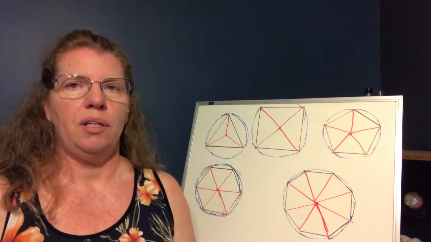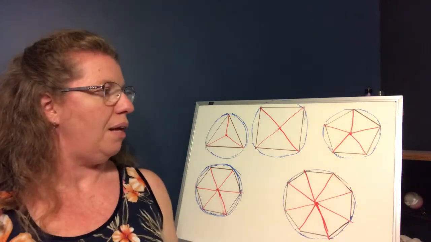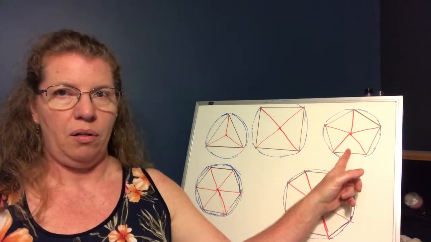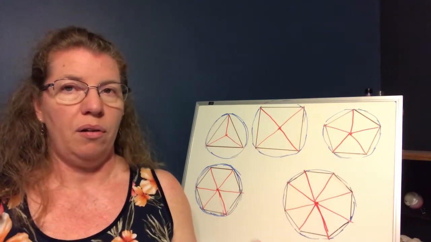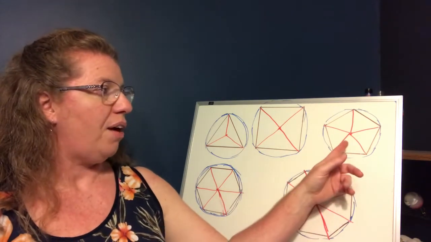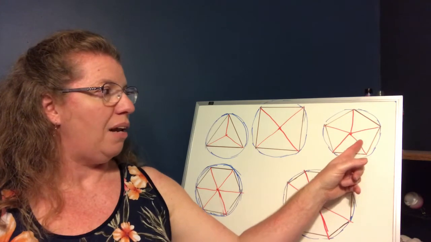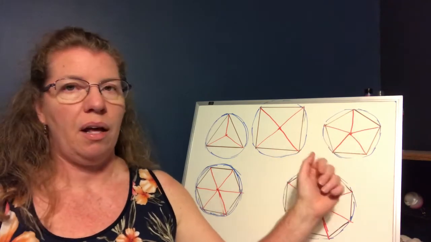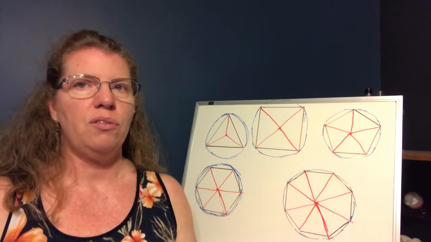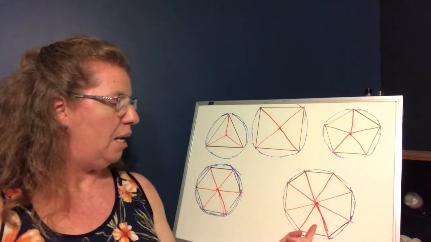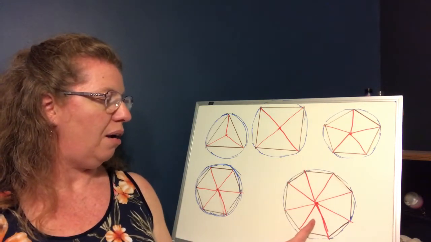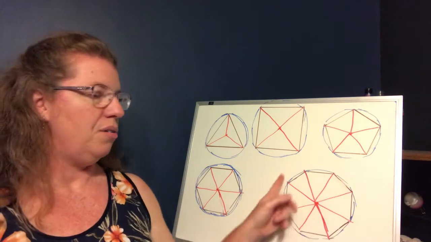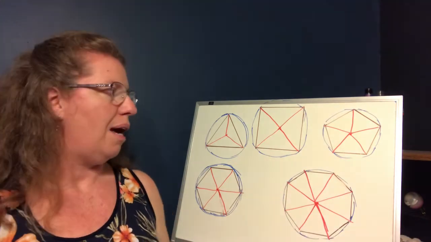So here's the logic. If I can find the area of one triangle, and we know the area of a triangle is 1/2 base times height, and I know there are 5 here because it's a pentagon, then I just multiply the area of that triangle times 5. Here's my octagon. If I can find the area of this triangle, I know there are 8, so I multiply it times 8.